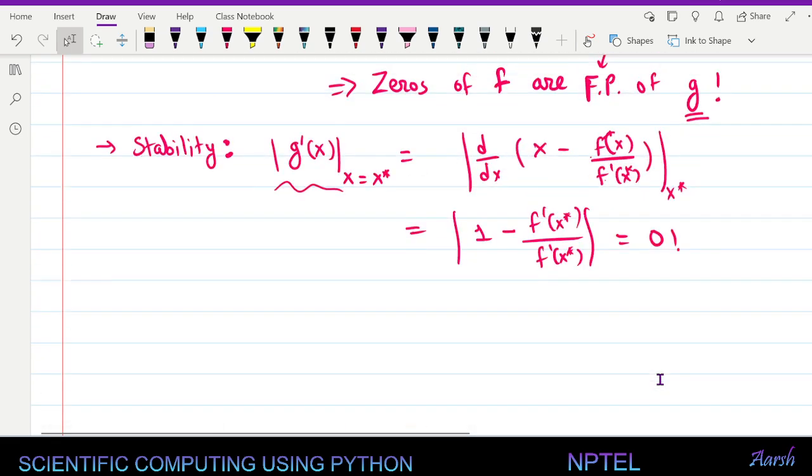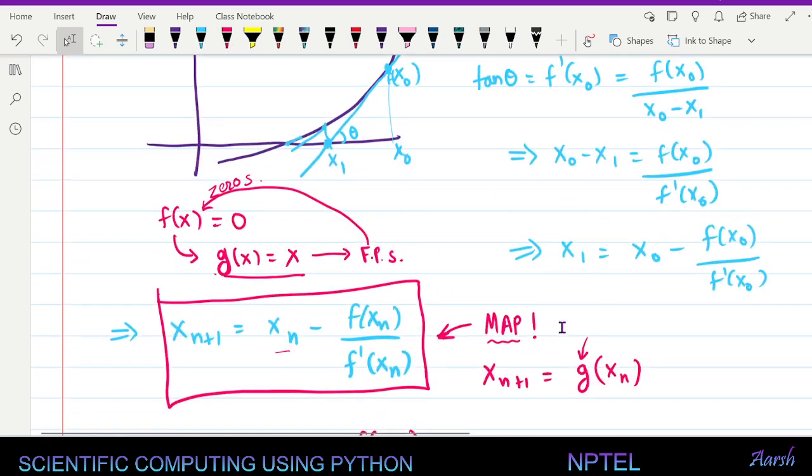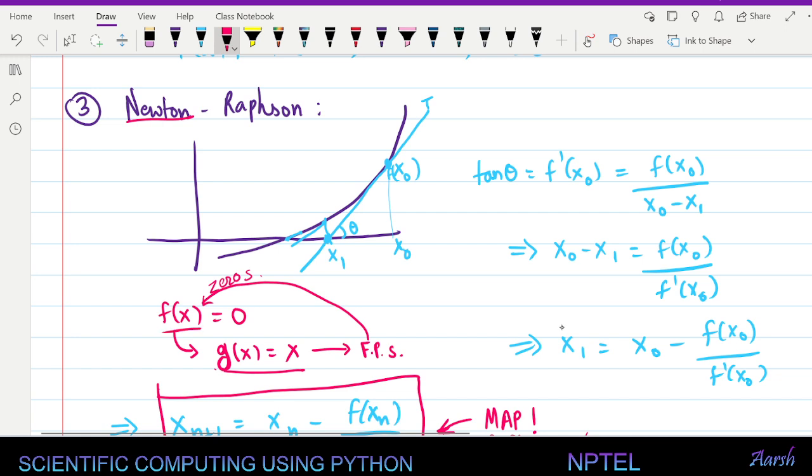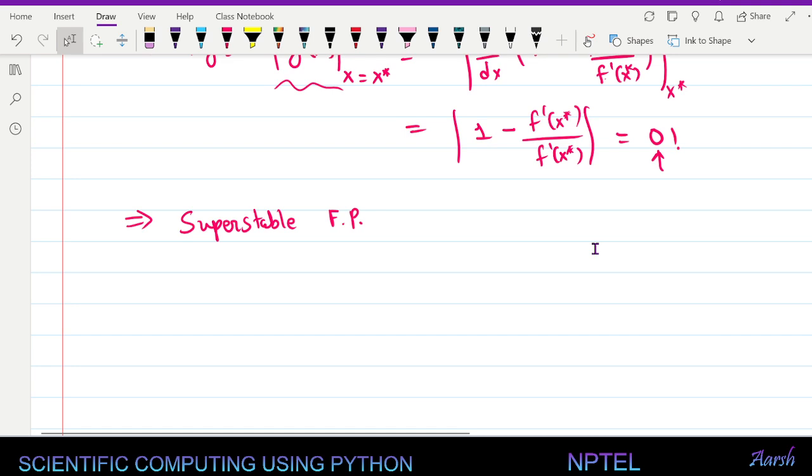Okay, because it is 0, this factor g dash of x, it has a fancy name, it's called superstable. So all the zeros of the original function f, which can be whatever it is, are super stable fixed points of this map G, and that's why the algorithm converges to the fixed point or the zeros of f very fast.